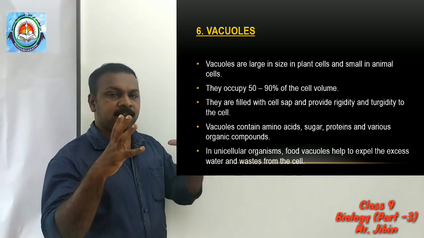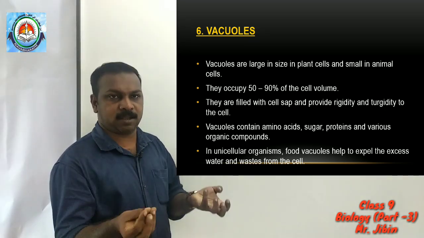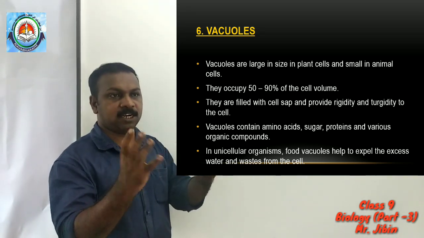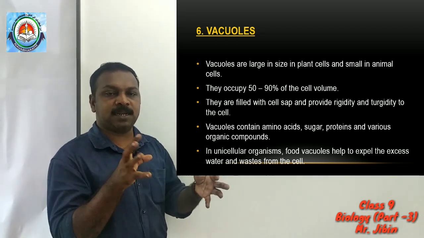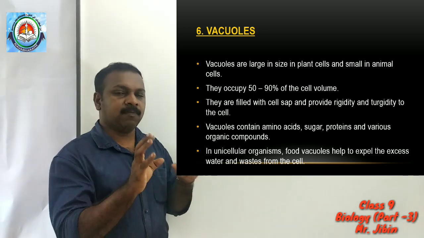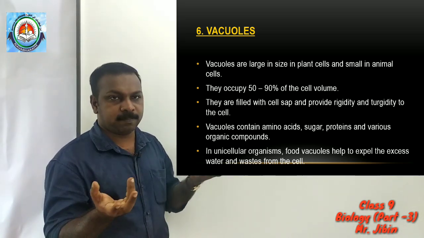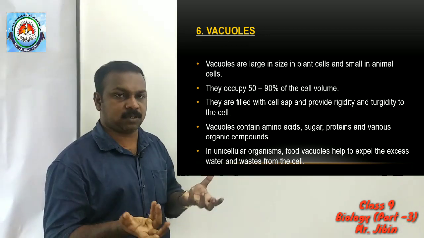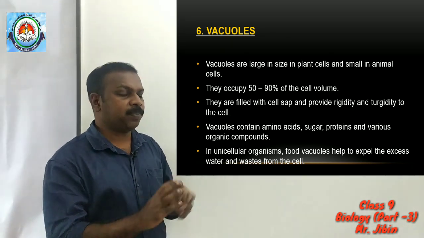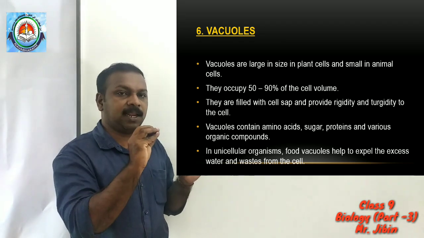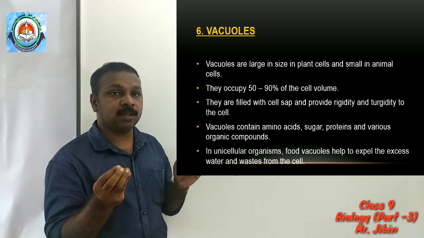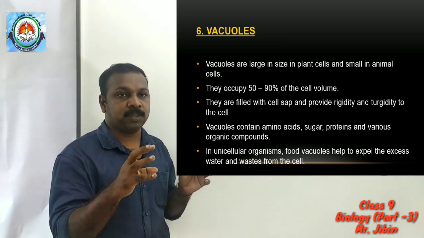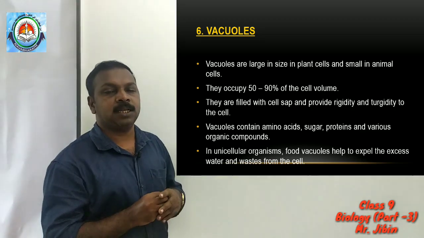So we may feel that it is going to break. Such a feeling of turgidity, inside there is a pressure, we may feel that it is going to burst. So it provides such a feeling. What is it called? Turgidity or rigidity, strength and turgidity to the cell.